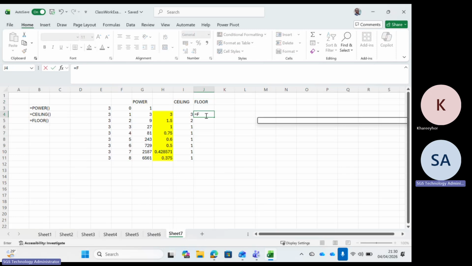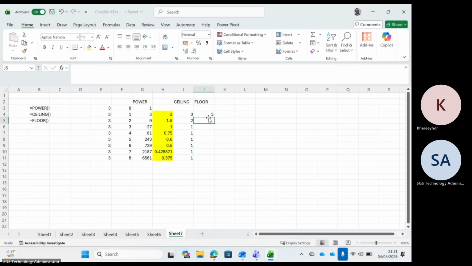Equals FLOOR, this number, comma, let's just say 1. Check what happened to 1.5 this time around.